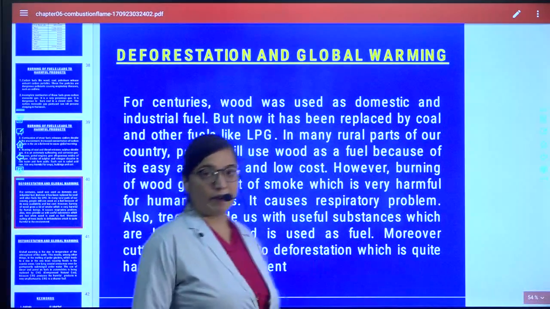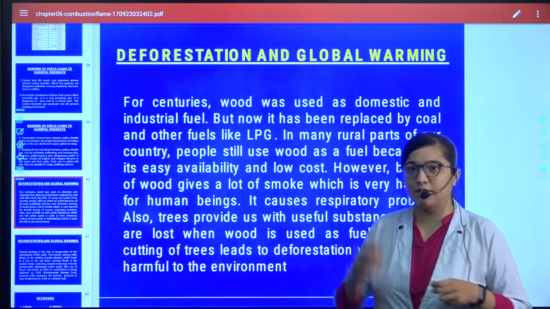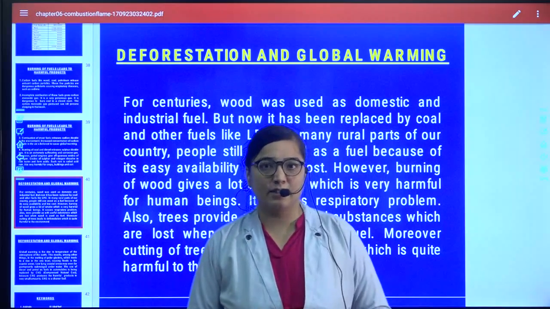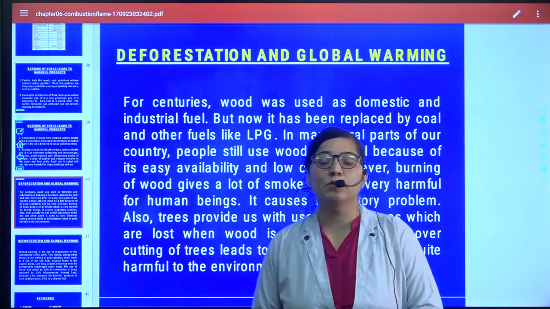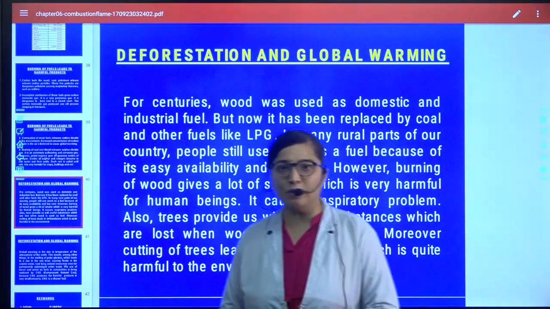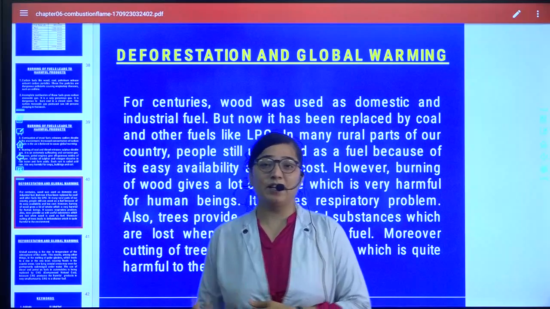The next particular part is deforestation and global warming. What is deforestation? That is cutting down or felling of trees. Why is it done? Because most of the time, not these days but before, trees were used as fuel. Most of the time they used to cut them, and now for our advantage in various things.